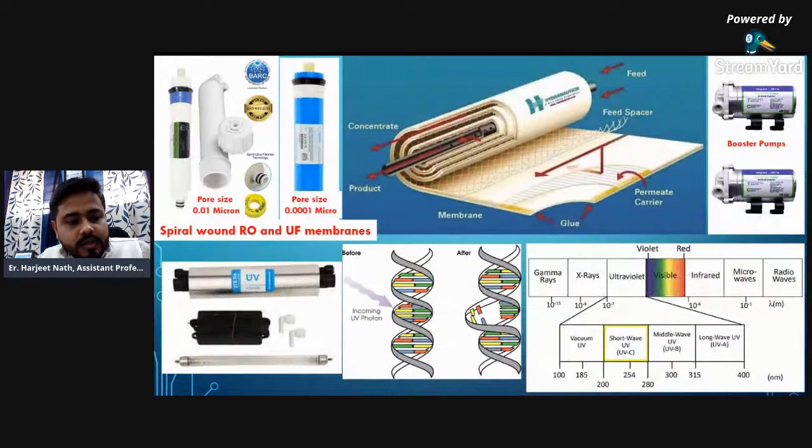One was using an RO membrane, and another was using an ultrafiltration membrane, and it was followed by a UV treatment, which was utilized to deactivate any microorganisms present, and then the water was made safe for its subsequent hand washing. So this was a technology which was straight away taken from our lab and implemented in our university for wastewater recovery, and accordingly it got a lot of praise.